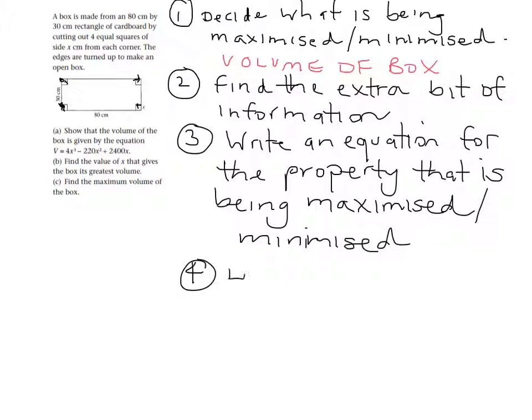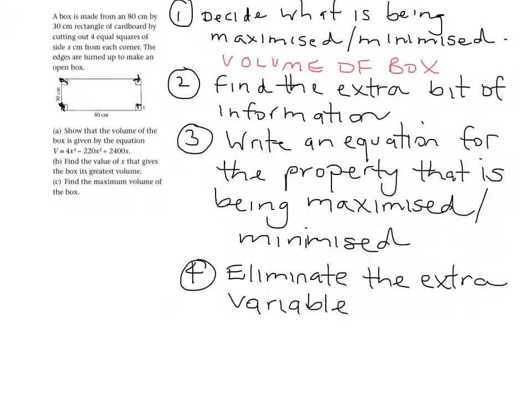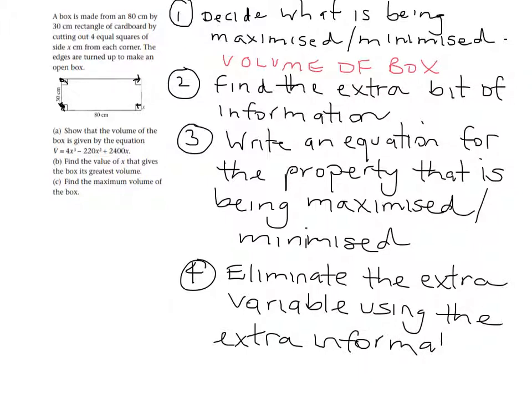Fourth step is to eliminate the extra variable using the extra information. Fifth step is to derive the equation.